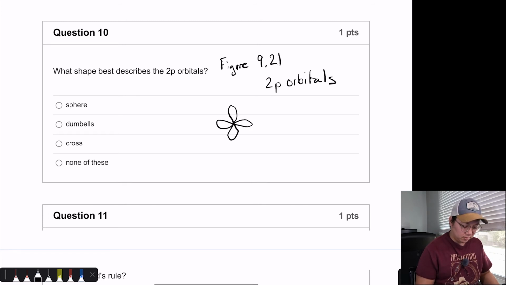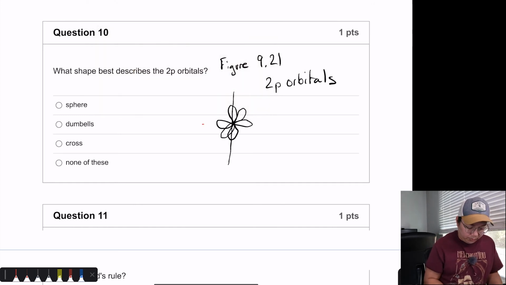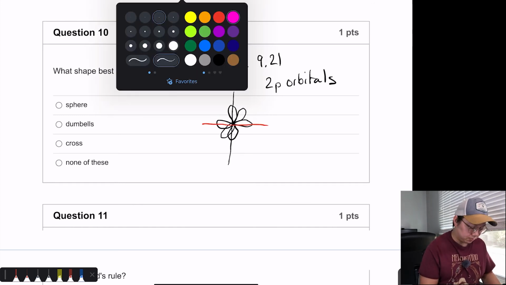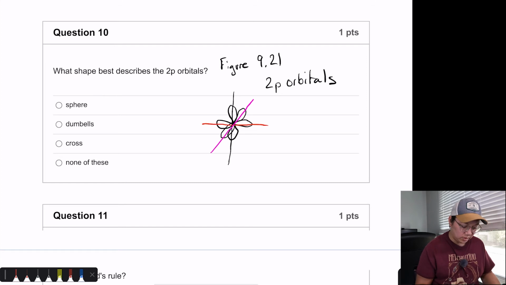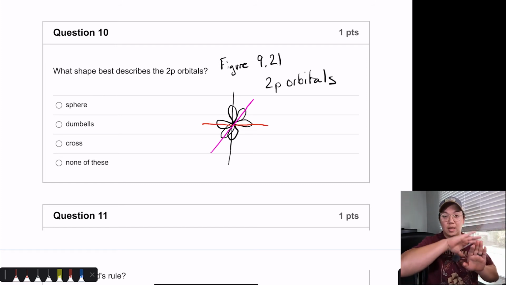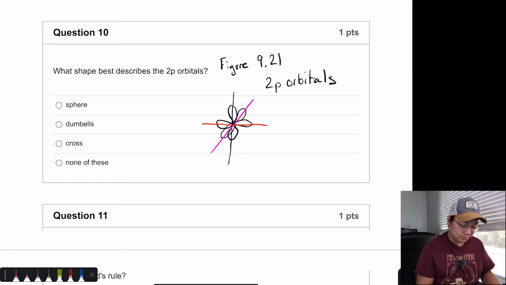So, kind of hard to see what's going on here, I know. But they're on these 3 principal axes. So the black and the red are in the same plane.